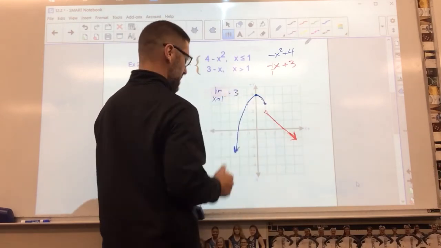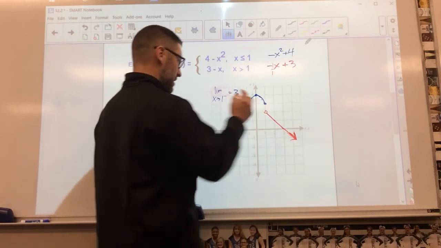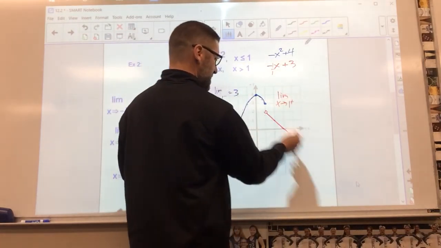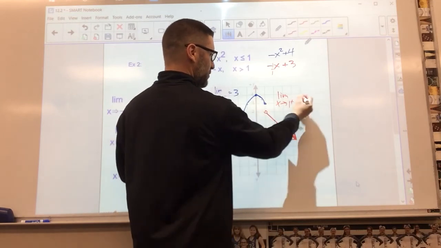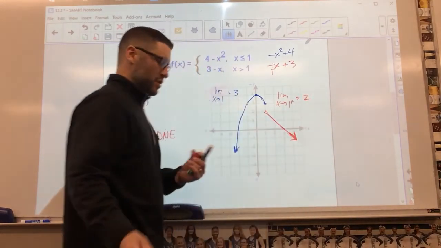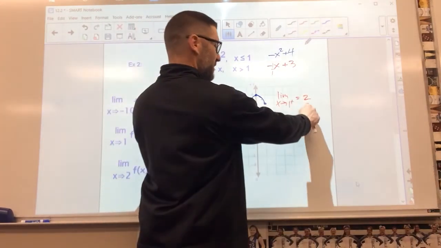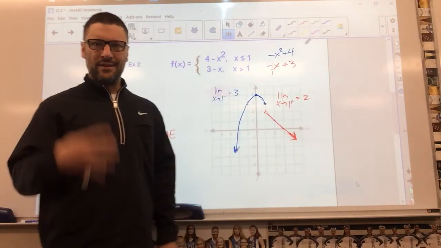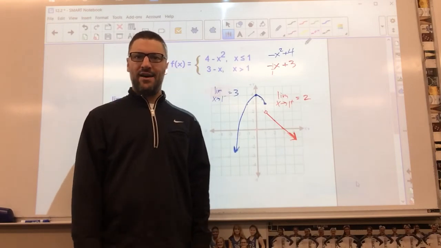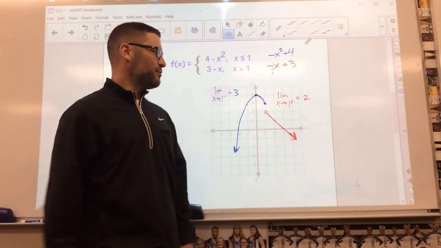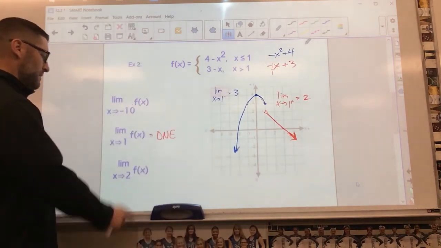And the limit as x approaches 1 from the right is a value of 2. There's a theorem in calculus that says if the one-sided limits are different, then the limit won't have a value. It's a down the road thing for you, but right now, that's what we got.